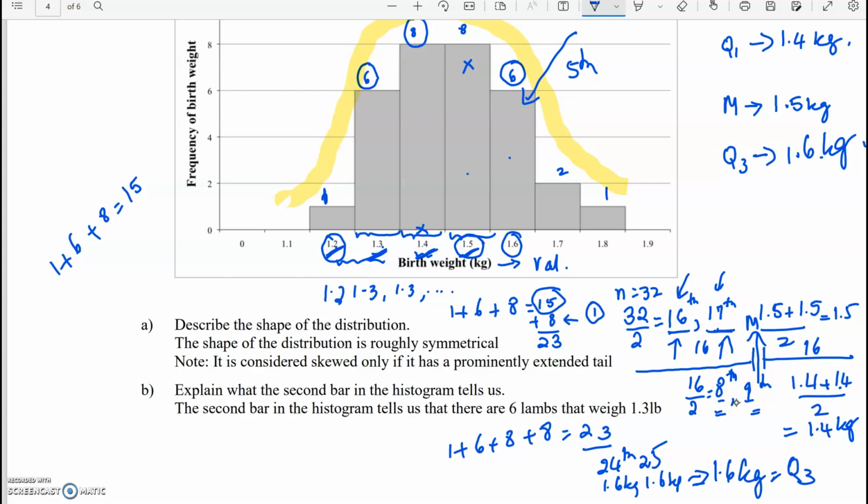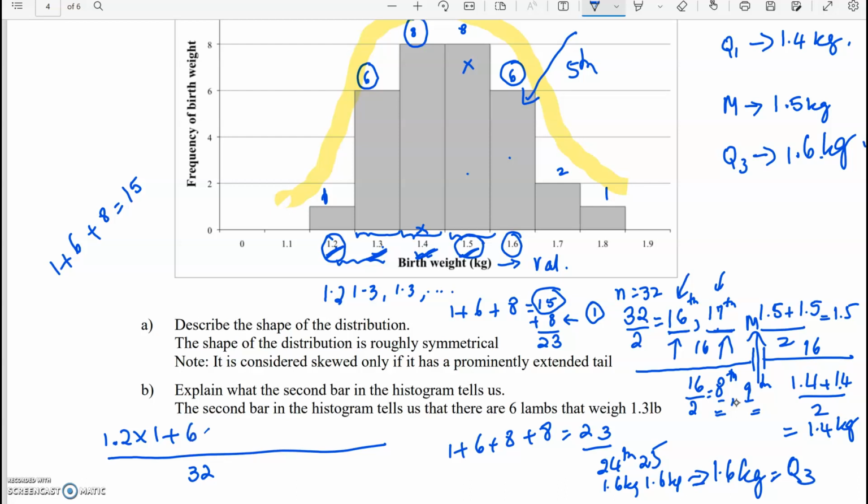Now, if we had to find the mean of all the numbers in the data set, remember the first number is 1.2. There's only one number that's equal to 1.2. Basically, we're adding all the birth weights and dividing by the total number of birth weights, which is 32. This is how we add all the numbers without actually listing everything. There's one number which is 1.2, so 1.2 times 1 is the total of the first bar.